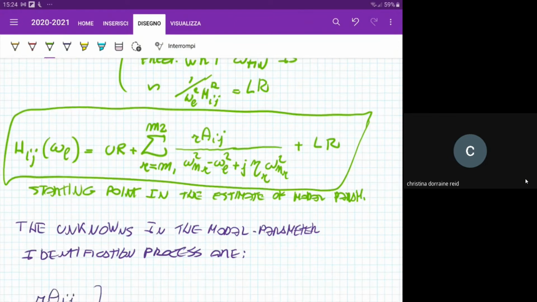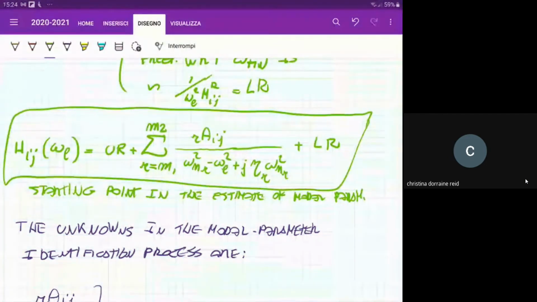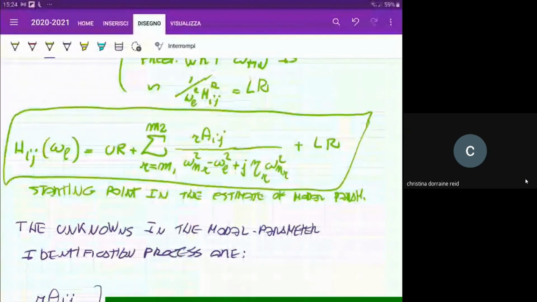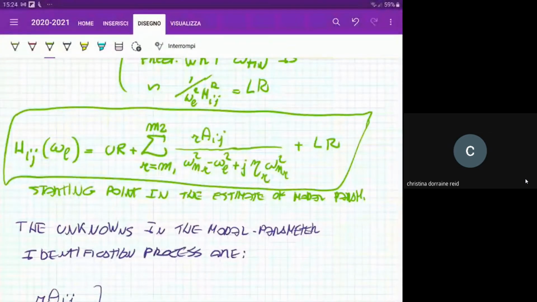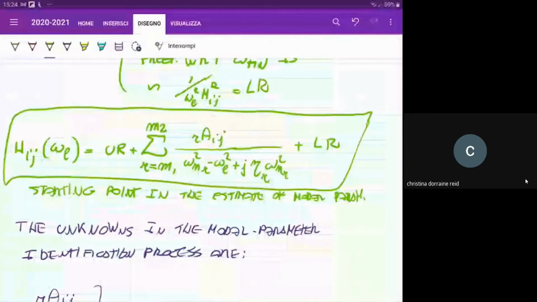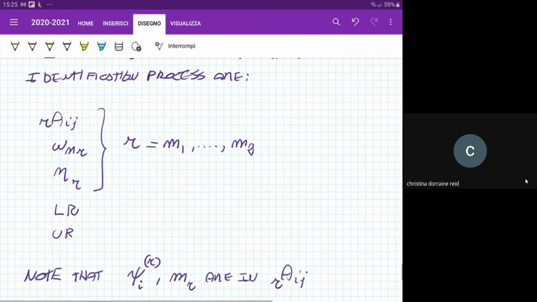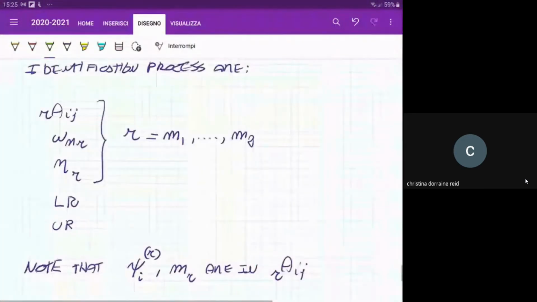The right indexes are generally referring to the pairs of input and output points, whereas the left index R is referring to the half model contribution to that frequency line. And then the denominator is giving you the pole of the system in terms of natural frequency, omega R, and the damping ratio or the damping factor, eta or zeta. Okay, so we have to solve for those unknowns.